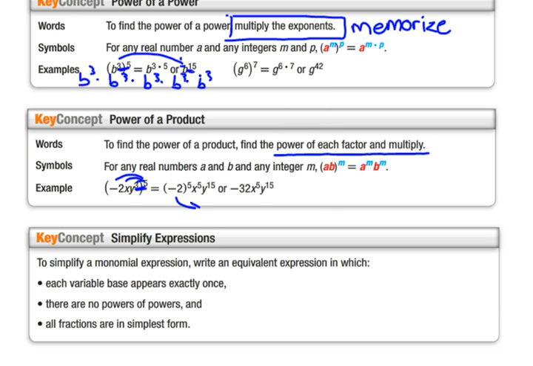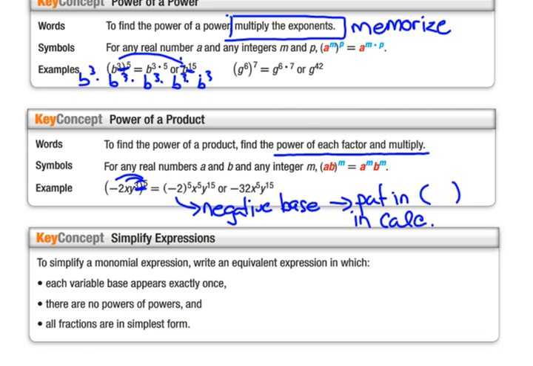When you put negative bases into the calculator, you have to put it in parentheses in your calculator, because your calculator is smart enough to do order of operations. So if you didn't put this in, it would tell you to take 2 to the 5th and then make it negative.